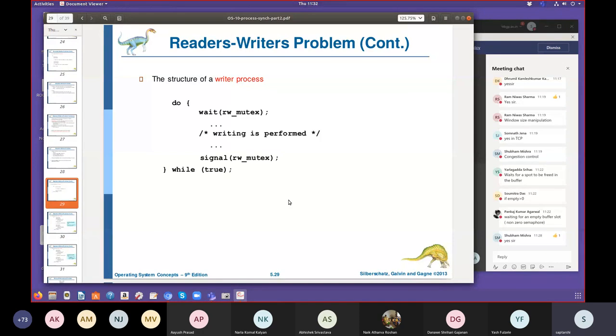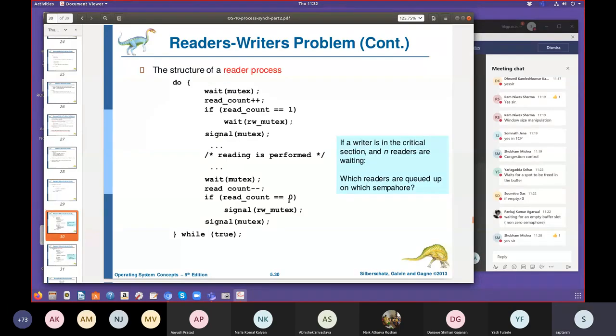The next slide also has a question, so I want you to understand the reader process and then answer that question. It seems a bit complicated, but try to understand. And if you have understood, then answer this question. Take 5 minutes. It's okay.